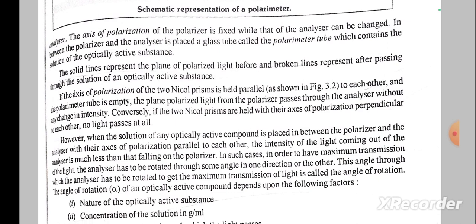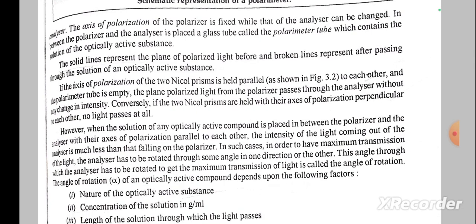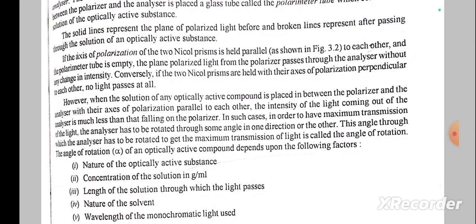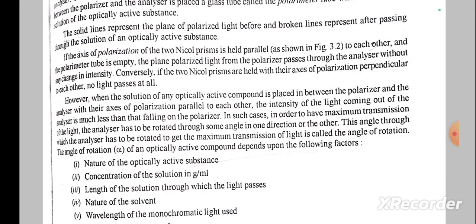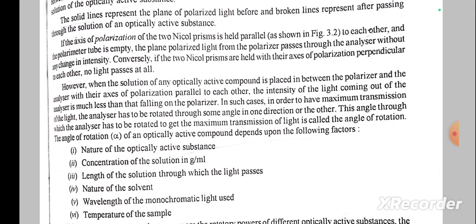The solid line represents the plane of polarized light before, and the broken line represents it after passing through the solution of the optically active substance. If the axes of polarization of the two Nicol prisms are held parallel to each other and the polarimeter tube is empty, the plane polarized light from the polarizer passes through the analyzer without any change in intensity.